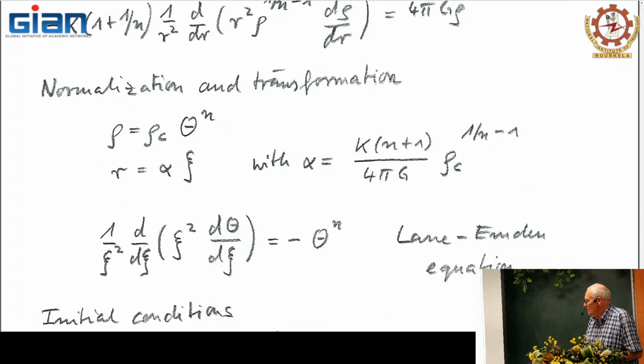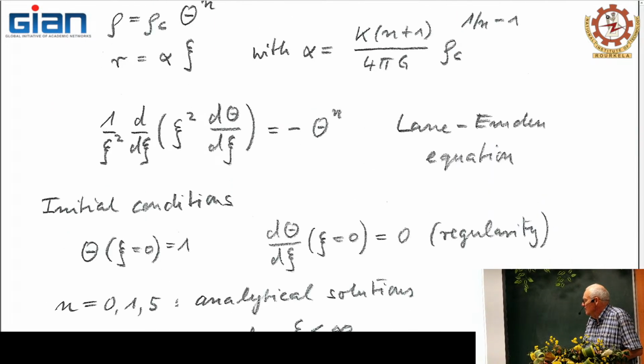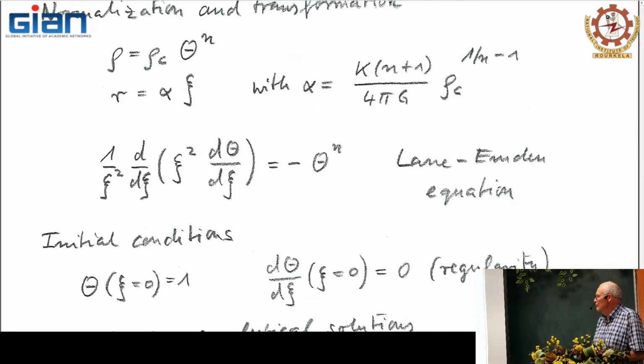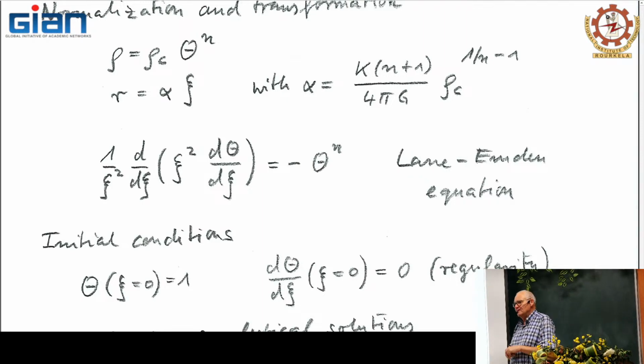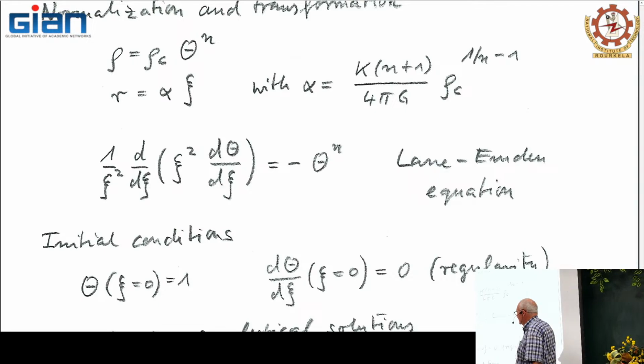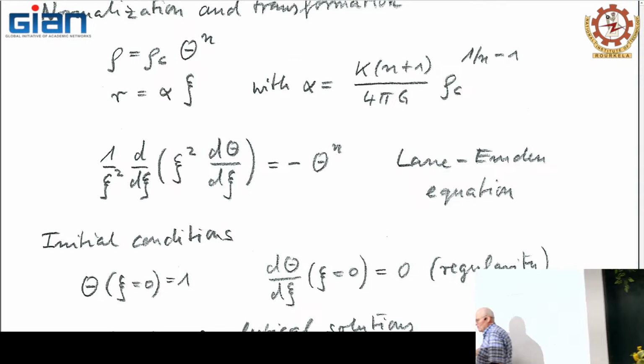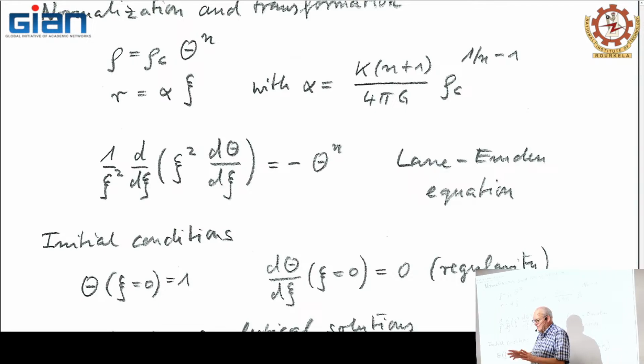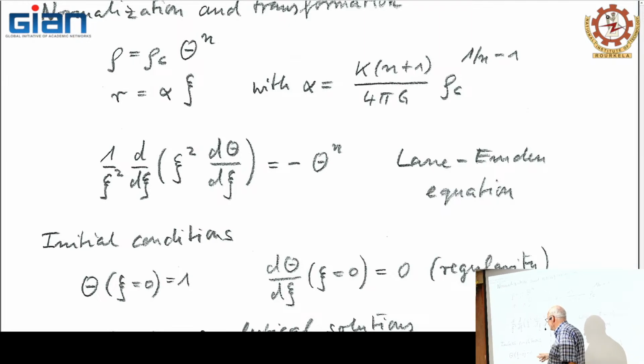Well, this is a differential equation, and a differential equation needs either boundary conditions or initial conditions. One of the initial conditions is theta at the center of our object, the transformed variable for the density.